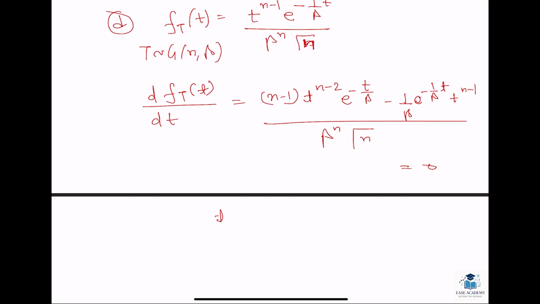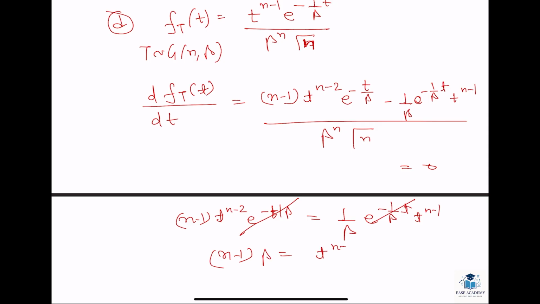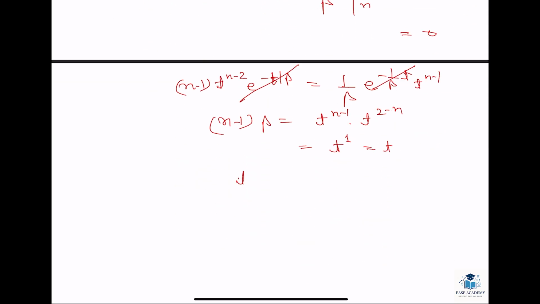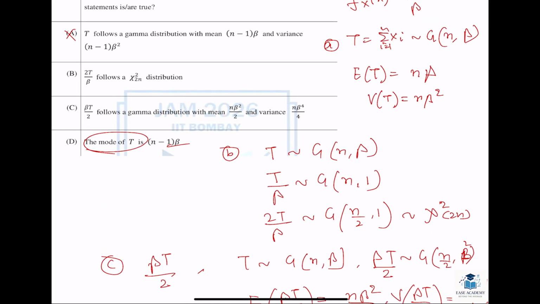We get T to the power n minus 2 into n minus 1 e to the power minus T by beta is equal to 1 by beta e to the power minus 1 by beta T to the power n minus 1. That means this cancels out, n minus 1 beta is equal to T. That means we get mode as n minus 1 beta, so the option is correct.